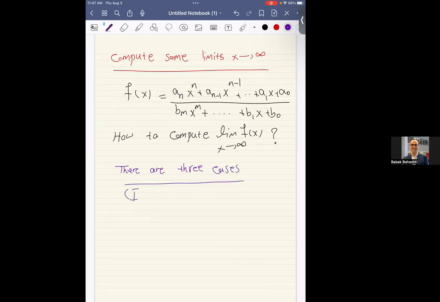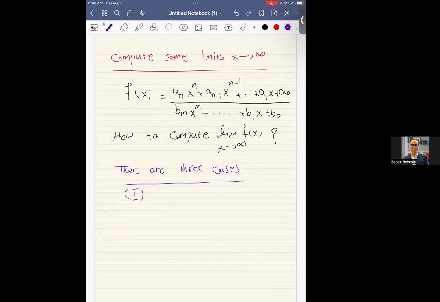First of all, the degree of a polynomial is the highest order power, basically the top exponent. The degree of a polynomial is the highest exponent in that polynomial.